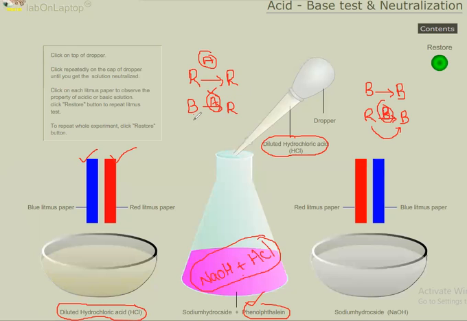If blue paper turns to red, that is acid. We'll see whether it will turn or not. Now slowly dip the red paper in this hydrochloric acid and keep it for 30 seconds, and then take it out. Observe the color of red paper. Is there any change in the color?